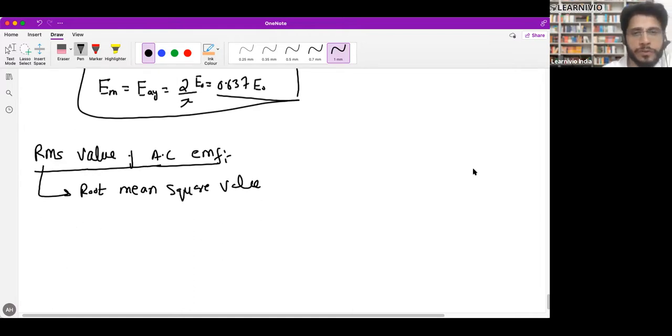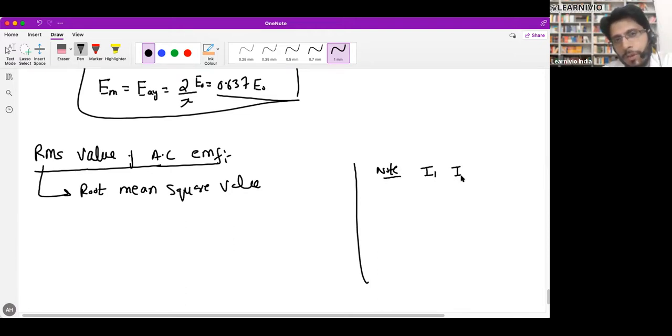First of all, how do we calculate RMS? If I give you some numbers like I1, I2, I3, and ask you to calculate the RMS, we write this as root mean square, but the operation is in the reverse order.